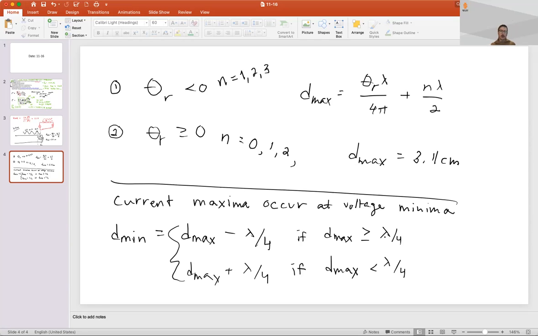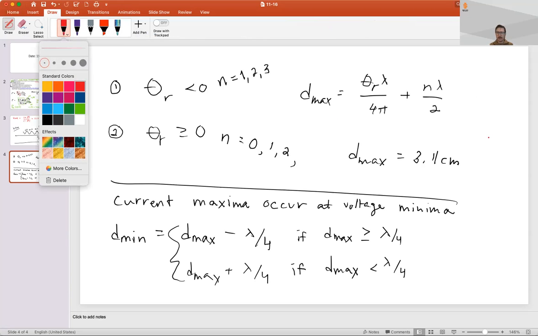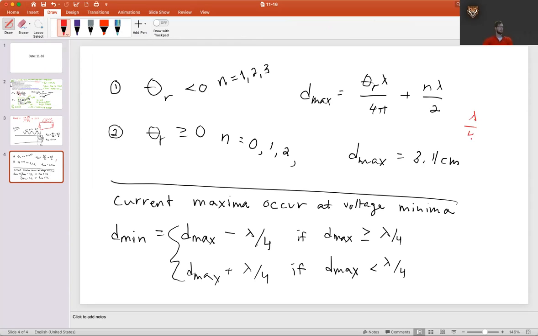Okay. So did our voltage maxima, is it larger than a quarter wavelength? Yeah, it is.